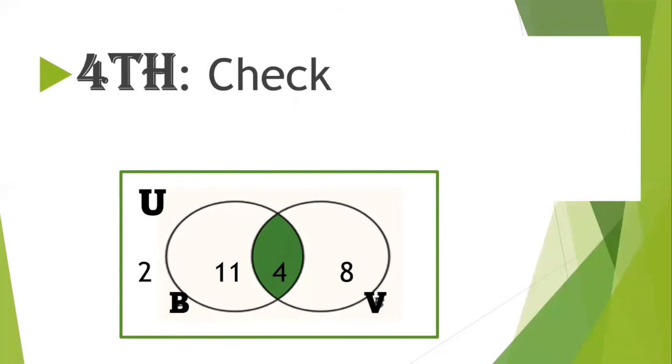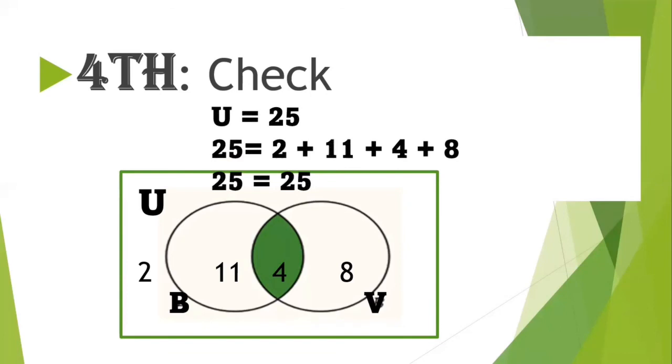Ayan, nag-equal na siya sa 25. Our universal set is 25. And yung hindi naglalaro ng sports ay 2 plus ang naglalaro ng basketball lang na 11 at ang naglalaro ng parehong sports which is 4 at yung naglalaro lang ng volleyball which is 8. When we add all these numbers, the answer is 25. Then it meant to say that our solution is correct.